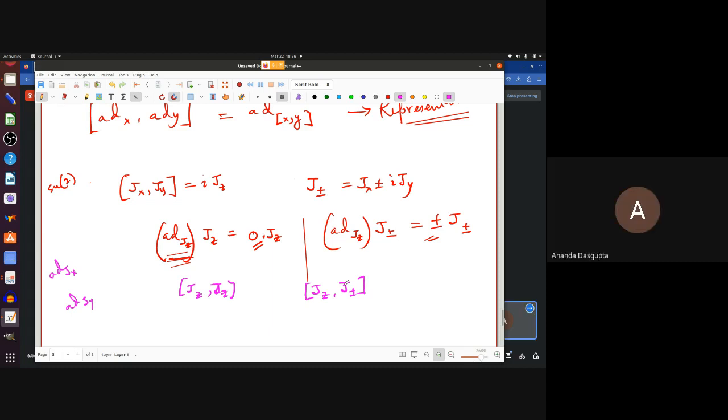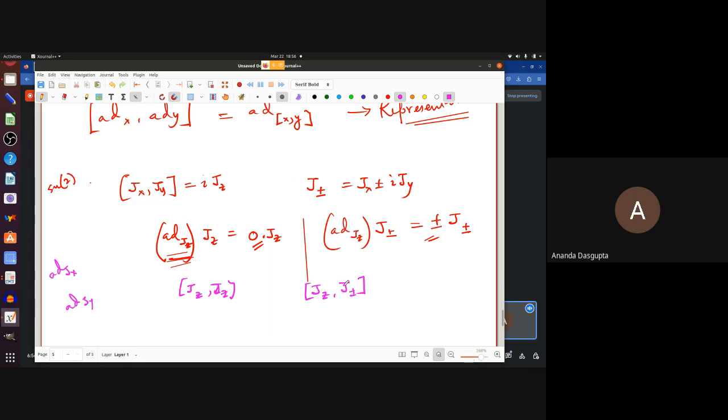Not because Jz and Jx do not commute, although that's at the heart of it, but because ad Jz and ad Jx, for example, do not commute. How do I know that ad Jz and ad Jx do not commute? Because the commutator is nothing but ad of [Jz, Jx], which is essentially ad Jy, right? Not 0.